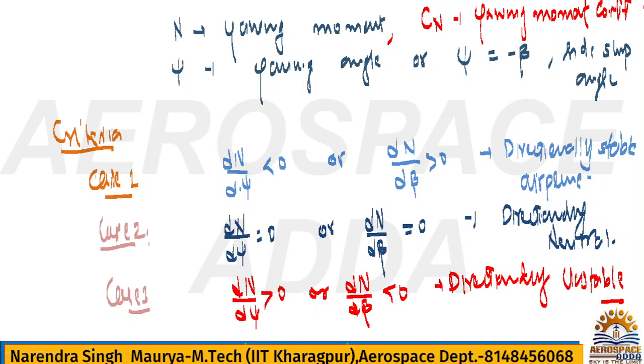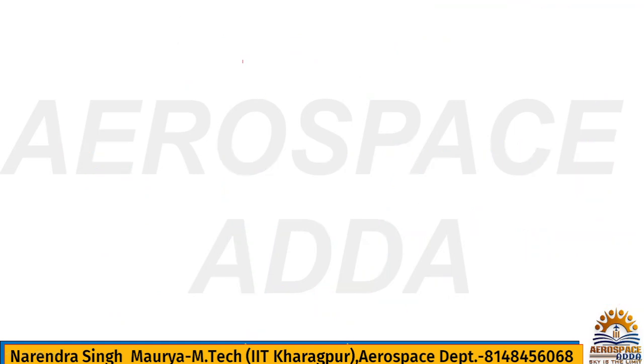So everywhere you had written ∂Cm,cg/∂α less than 0, that was the criterion for longitudinal stability. For directional stability, we had written in terms of that yawing moment. Otherwise, you can also write ∂Cn/∂ψ or ∂Cn/∂β.